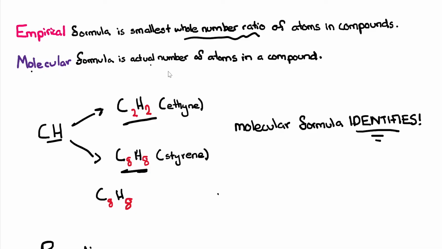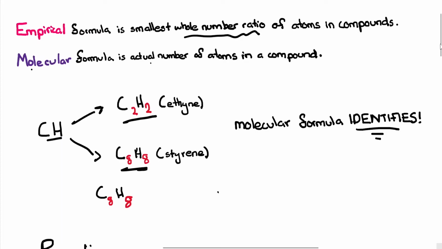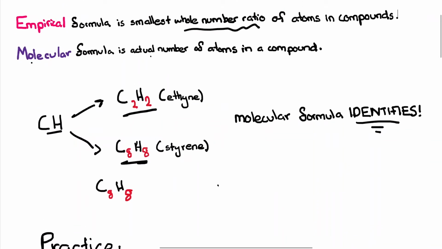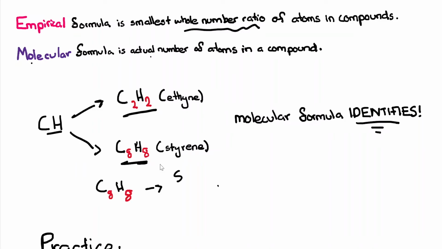All right, so I'm just going to go over how we can convert from the molecular formula to the empirical formula. I did the example of styrene here at the bottom, you have C8H8, and you can look at it in ratios, right? This goes back to fractions and math. One way to look at this is you have 8 carbons per every 8 hydrogens, and you want to simplify it to the smallest whole number ratio.